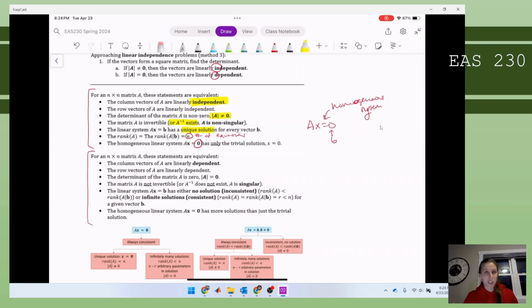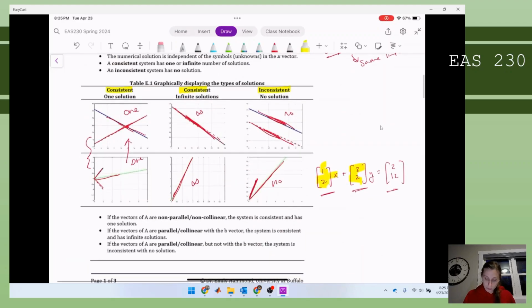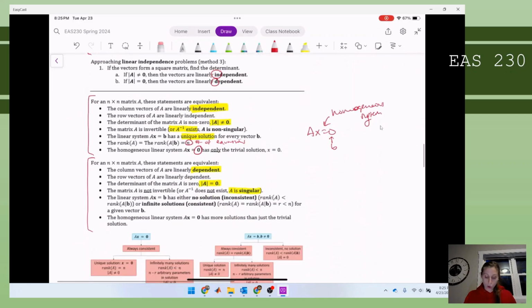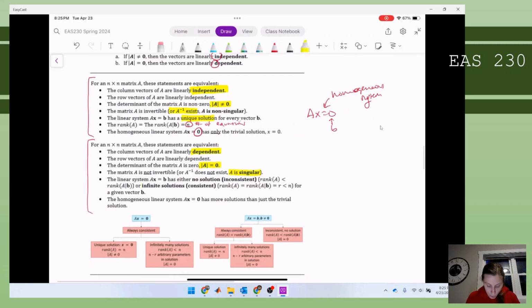Second set of statements. If my vectors of A are linearly dependent, automatically that means my determinant equals 0, A is singular, and then it depends on what B looks like, because remember, up here, it depends on whether or not B is in the same line as X and Y. I can either have a consistent system with infinite solutions, or an inconsistent system with no solution.